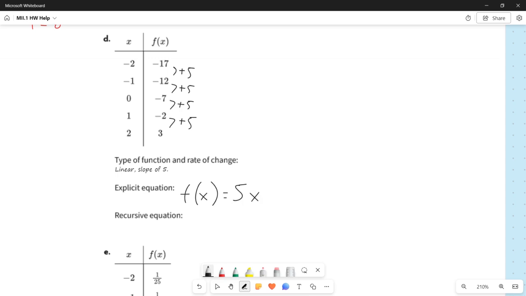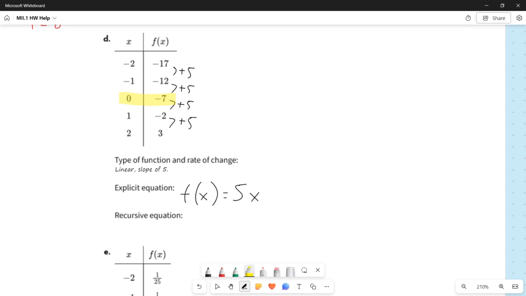Now, we could solve for what our b value is by picking one of these entries and solving for b, just like we did in part C. However, what's nice with this problem is that they actually give us what happens when you plug in a 0. When you plug in a 0 here, you get a -7.